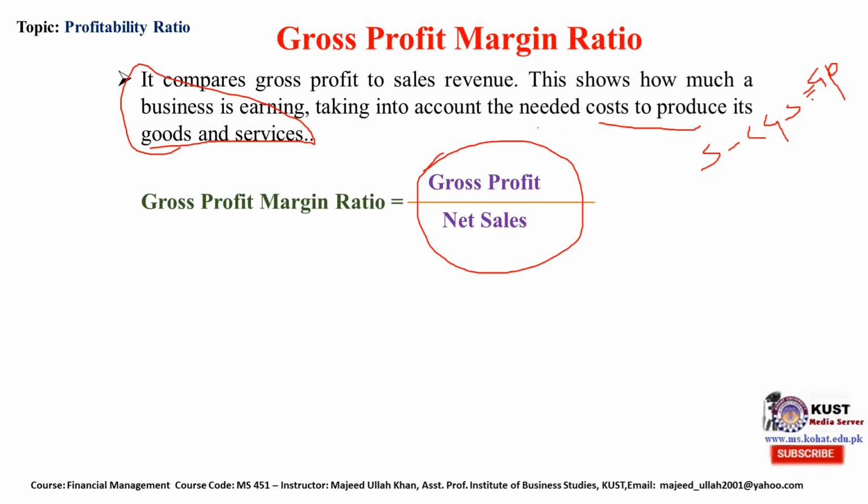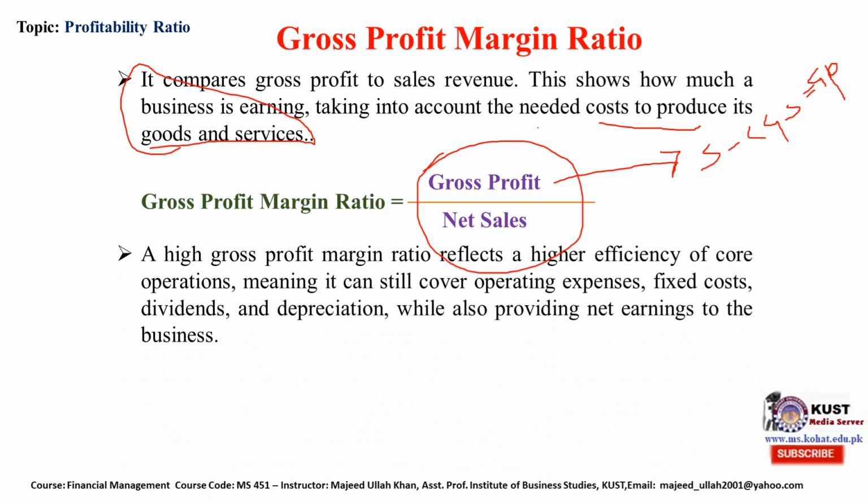This is the gross profit margin ratio calculation formula. Now GP, gross profit, is calculated as sales minus cost of goods sold. A higher gross profit margin reflects higher efficiency of the core operation of the business, meaning manufacturing efficiency, meaning that it can still cover operating expenses, fixed costs, dividend and depreciation.